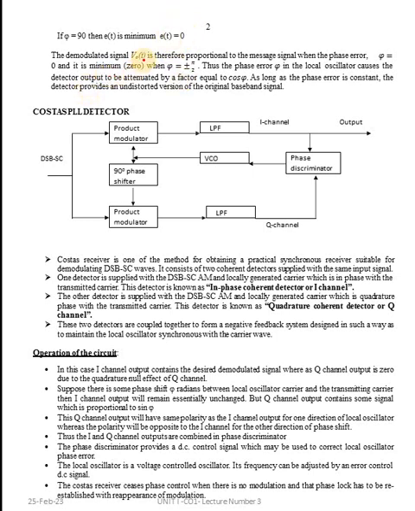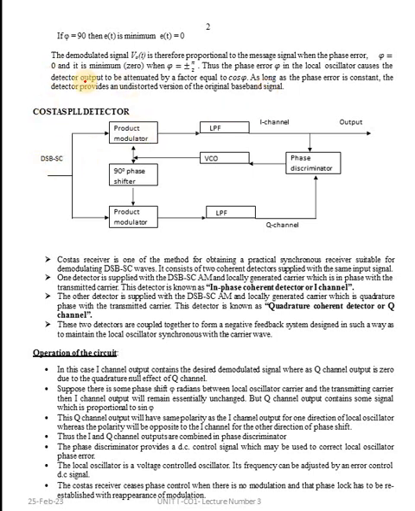The demodulated signal V0 of t is therefore proportional to the message signal when the phase error phi is equal to 0, and it is minimum, that is, 0 level, when phi is equal to plus or minus pi by 2. Thus the phase error phi in the local oscillator causes the detector output to be attenuated by a factor equal to cos phi. As long as the phase error is constant, the detector provides an undistorted version of the original baseband signal. This is one method of retrieving the DSB signal.